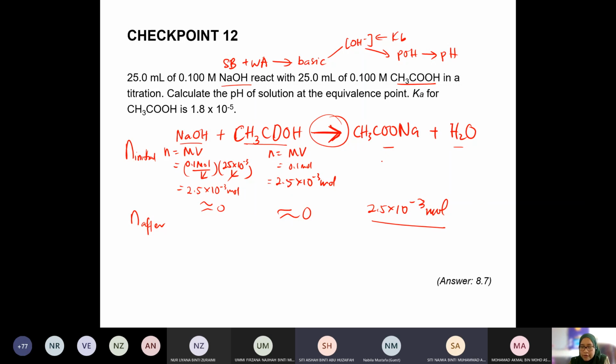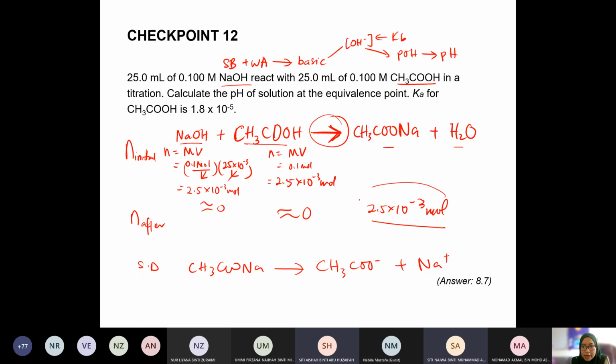the salt. Right, so next, before we proceed to salt dissociation, for example, we have CH3COONa, it will dissociate into CH3COO minus plus Na plus, right? So we need to have the concentration of this one. Sebelum nak proceed, we need to have the concentration of this one.